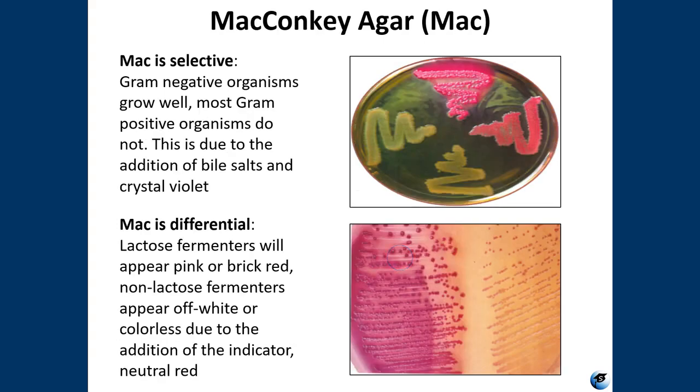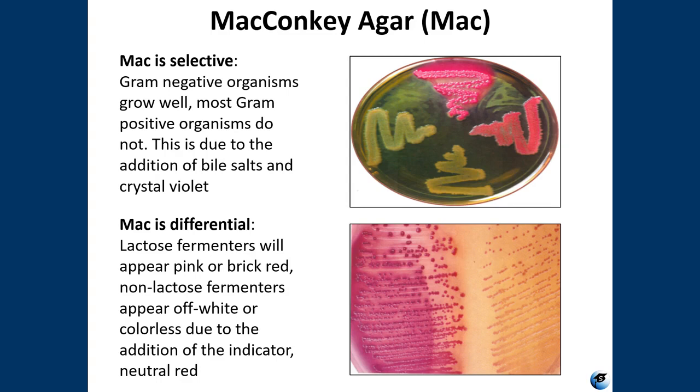Your next differential media is MacConkey. MacConkey is selective and differential, just like your EMB. MacConkey selects for gram-negative bacteria. It contains bile salts and crystal violet, which interfere with the growth of many gram-positive bacteria and favor the growth of gram-negatives, particularly your Enterobacteriaceae.